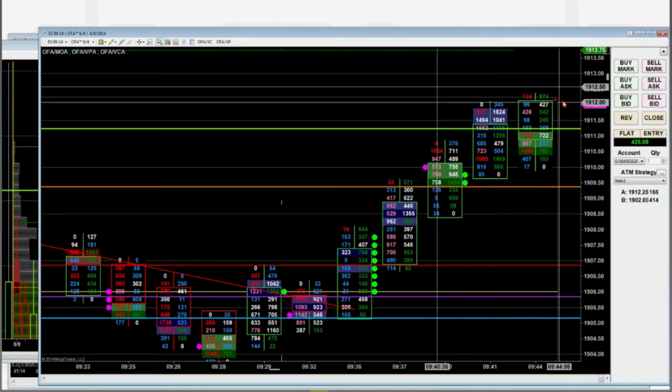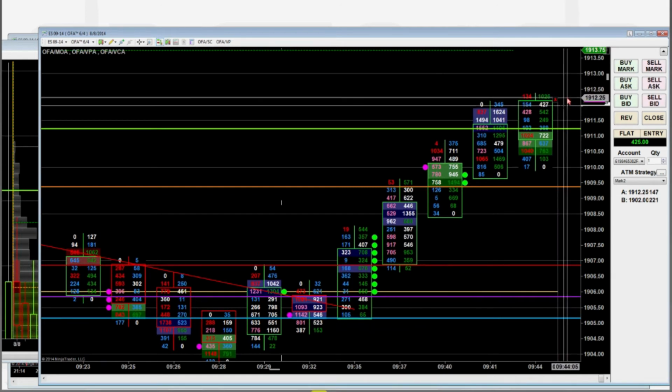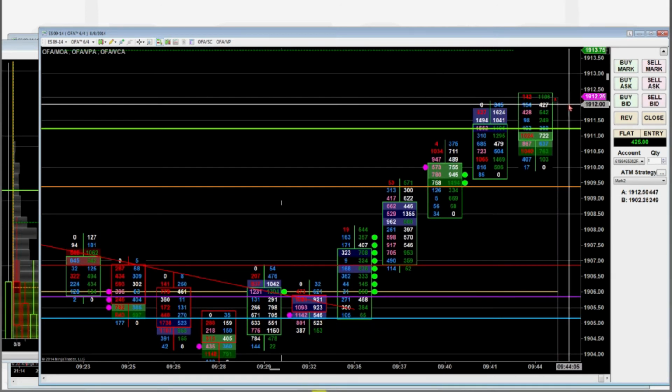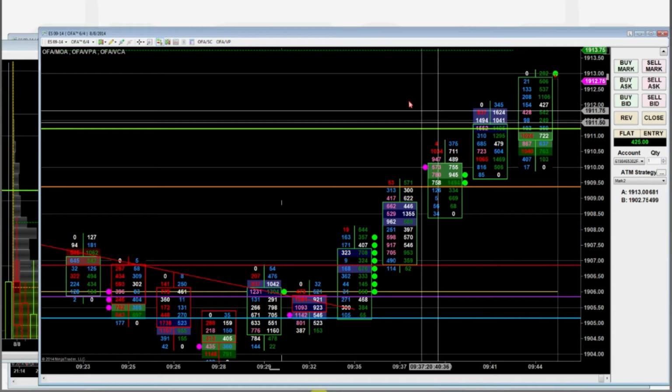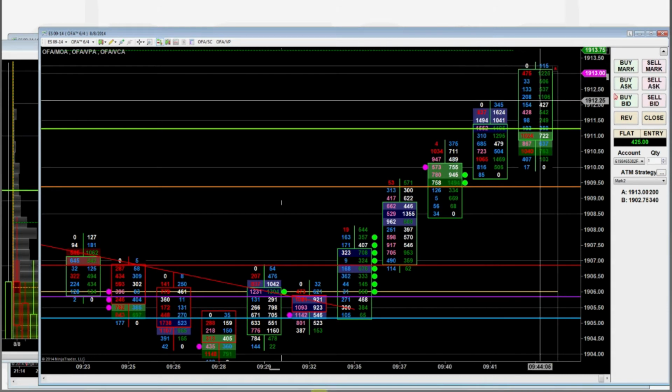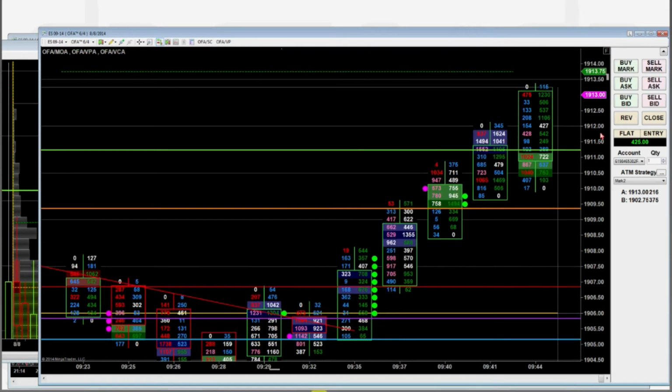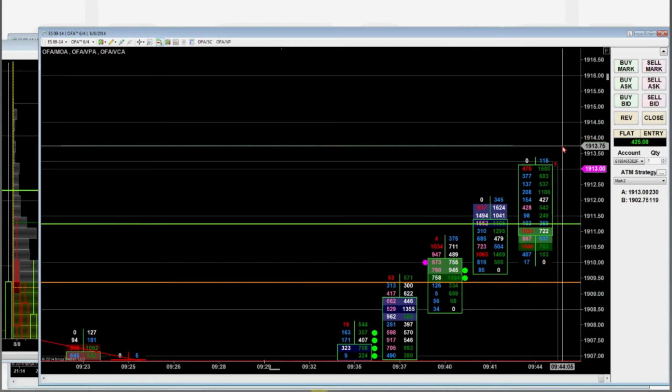Now, normally I want to look for a pullback, but this looks like it's just going to keep going. Yeah, there it goes. So my expectation is back up to this 1375 level, and we may see opportunity for a pullback there.